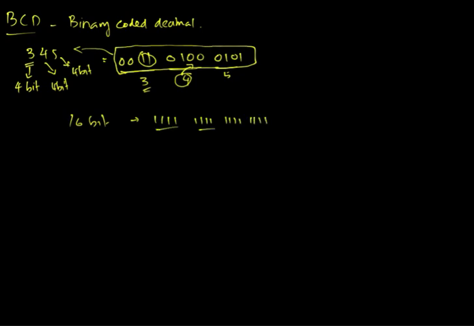So all these represent 9. So the largest integer that a 16-bit register can represent using BCD representation is 9999.